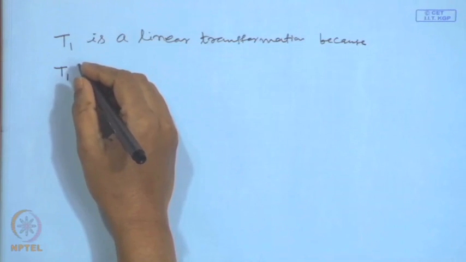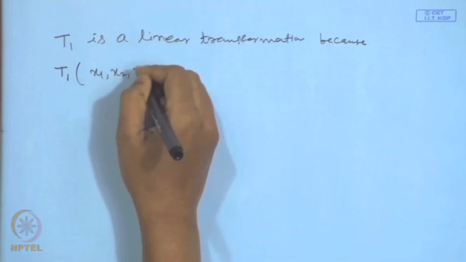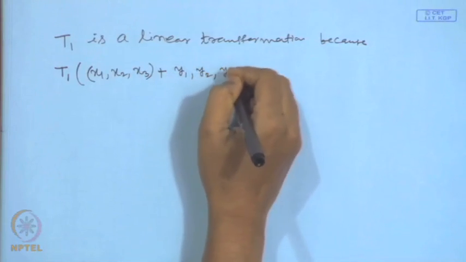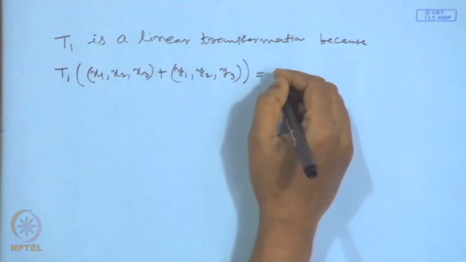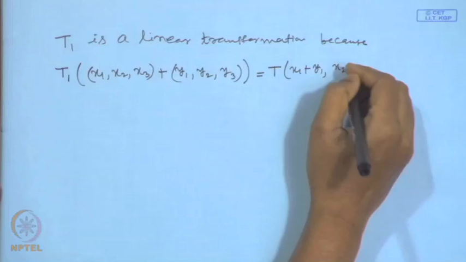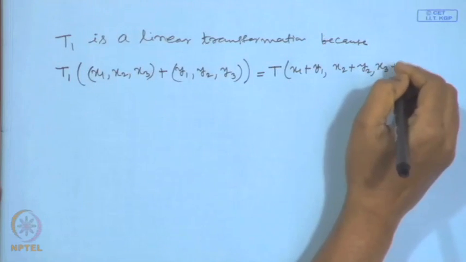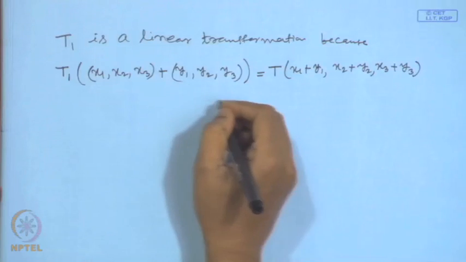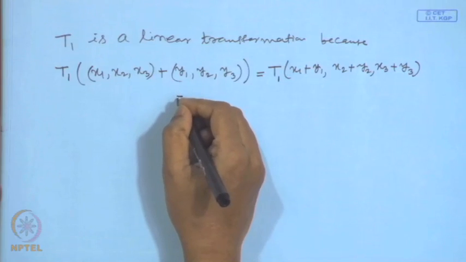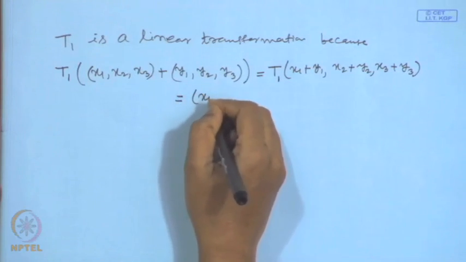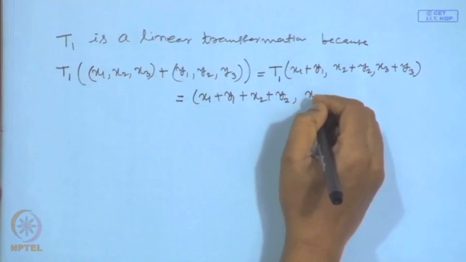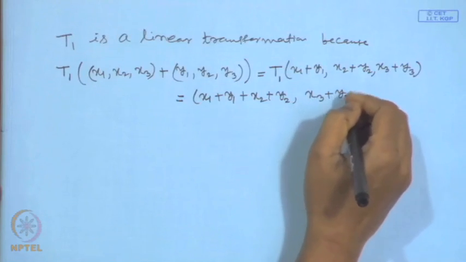T1 of x1, x2, x3 plus y1, y2, y3 is equal to T1 of x1 plus y1, x2 plus y2, x3 plus y3, and according to the definition of T1, it is x1 plus y1 plus x2 plus y2, x3 plus y3.